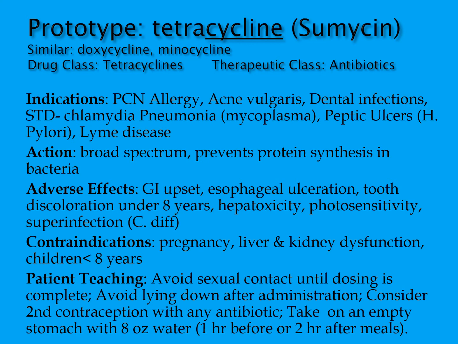And Lyme disease, if you see someone being treated for Lyme disease, there's a good chance that one of the tetracyclines is being used to treat it, since the bacteria is sensitive to tetracycline. So these are considered broad spectrum antibiotics. You can see that they cover many indications, which usually indicates that they cover an assortment of different bacteria. And they prevent protein synthesis in the bacteria.